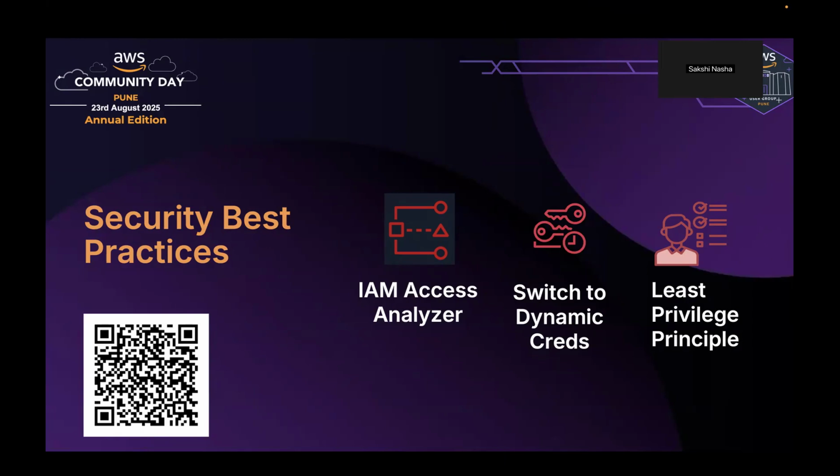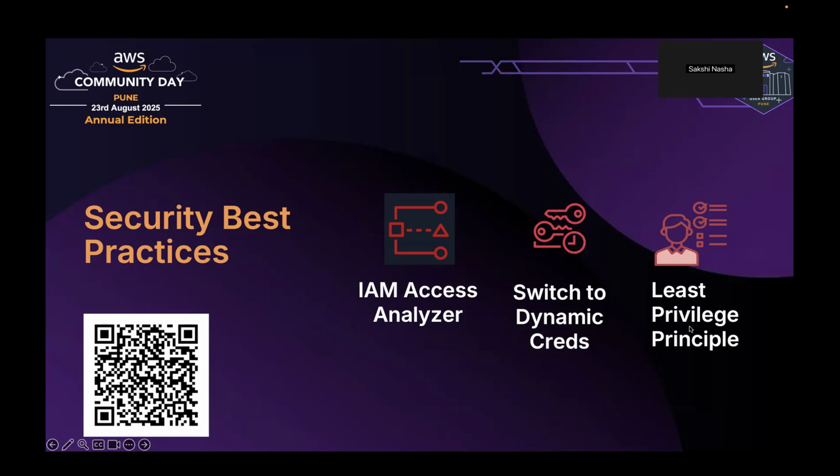Other best practices would be not having static credentials and switching to dynamic credentials. For how to switch and configure dynamic credentials, you can scan this QR code. It has a detailed blog that I have written on how and why you should switch to dynamic credentials, and how any application can integrate with AWS and use them.